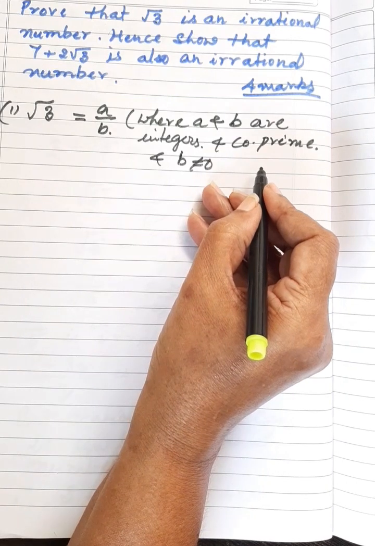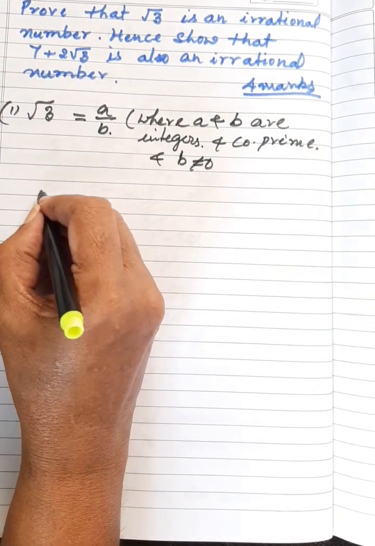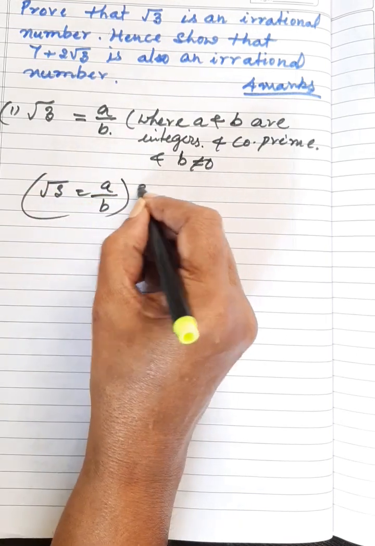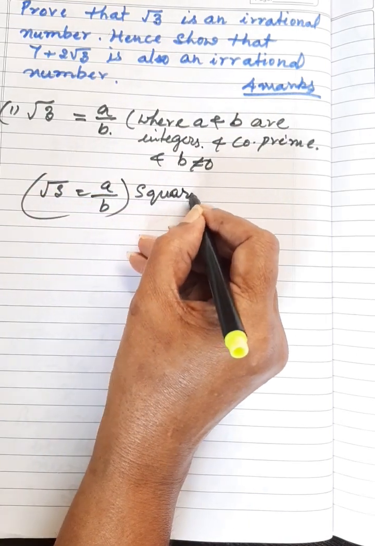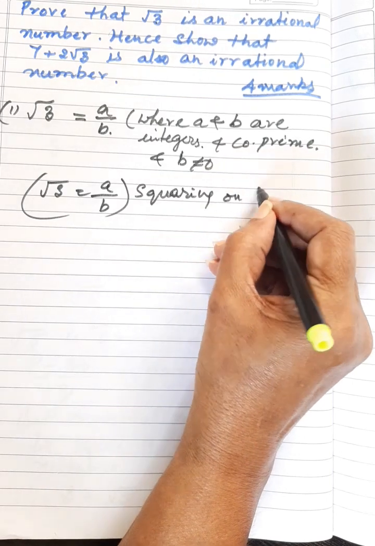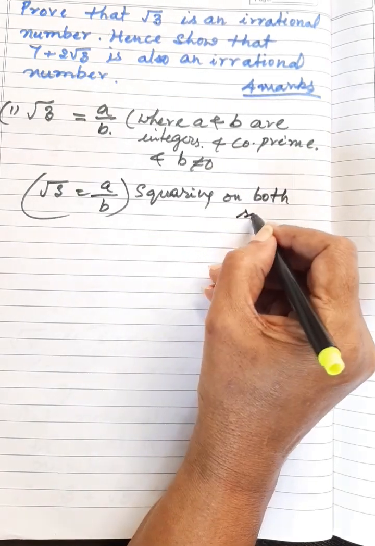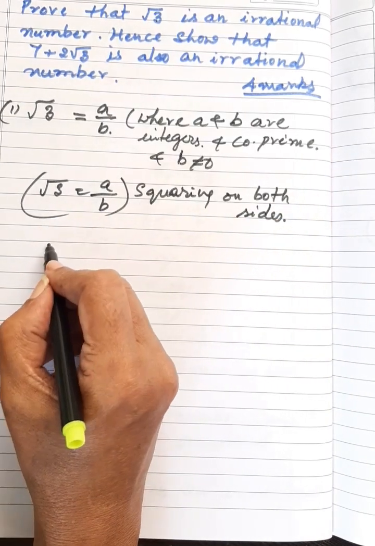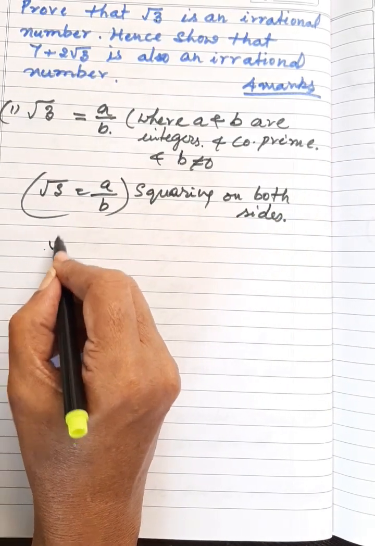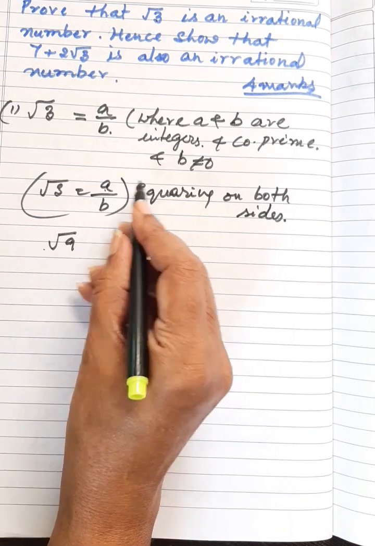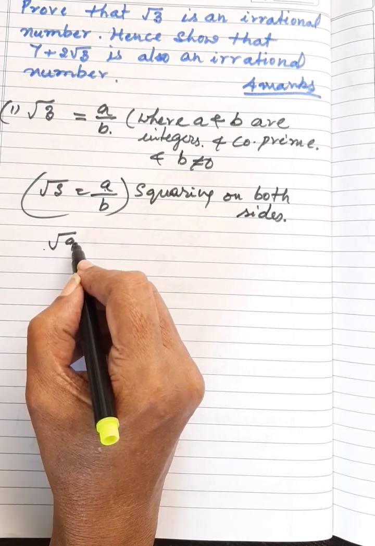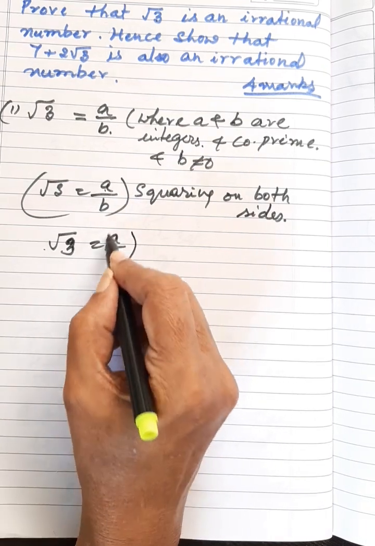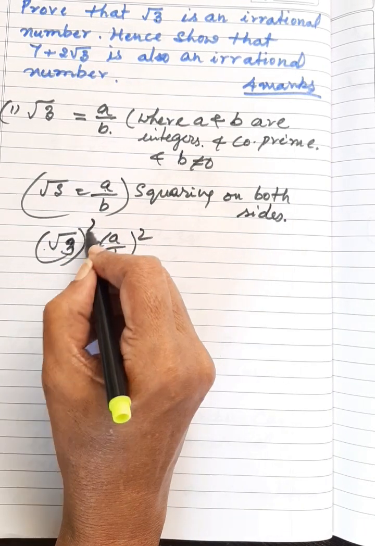Okay. Now next step, squaring on both sides. What will you get? Root 3 square means how much? Root 9. Here A square by B square.